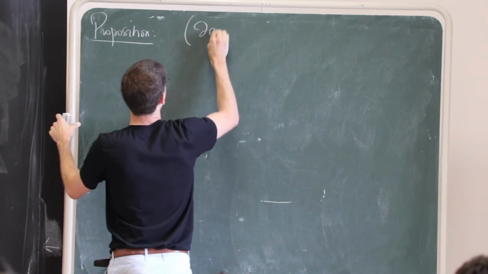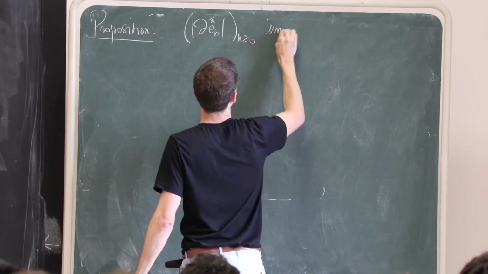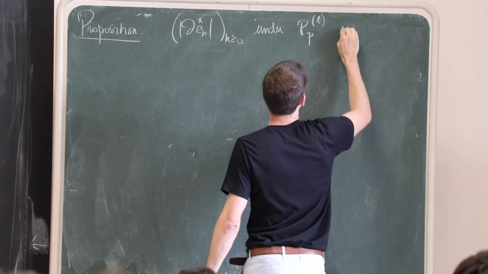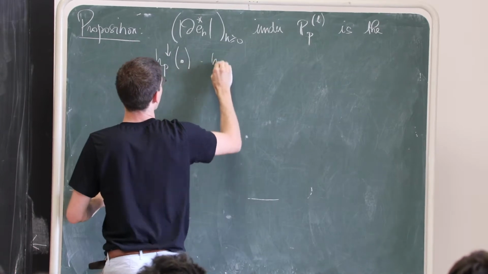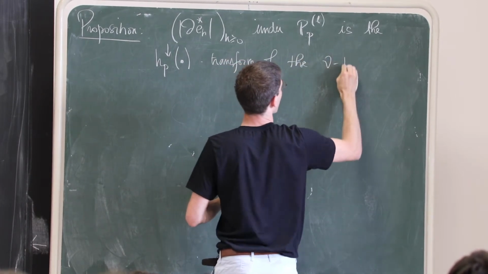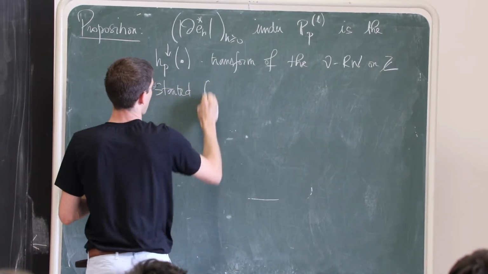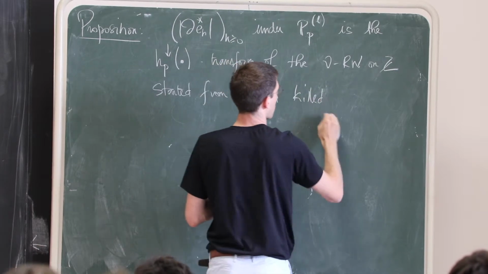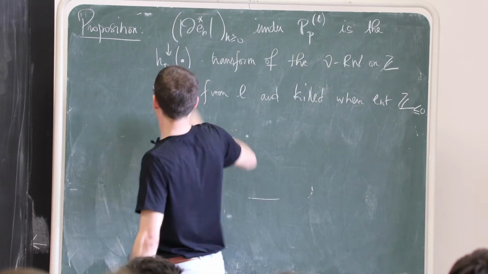So the process of the half perimeter of the unique hole in a field in exploration, under this measure PLP, is the HP down arrow h-transform of the new random walk on Z, started from L and killed when entering Z less than or equal to 0.